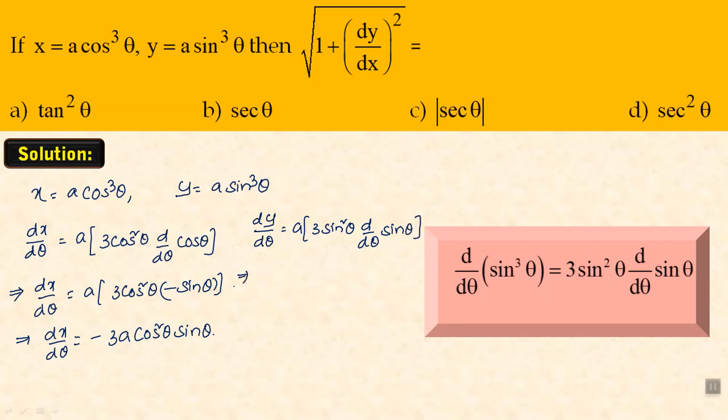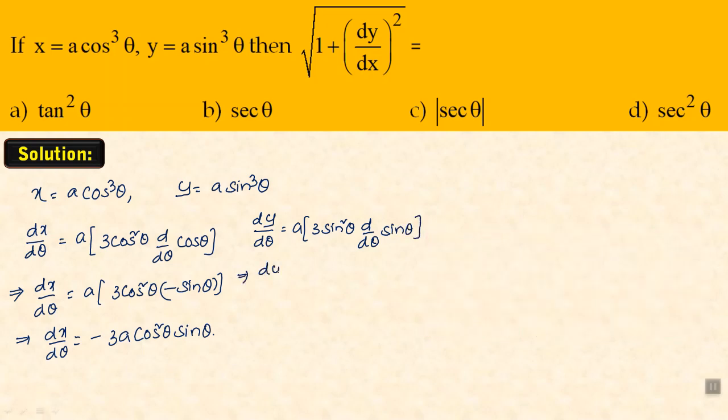This implies dy by d theta is equal to a into 3 sin square theta into differentiation of sin theta, which is cos theta. This implies dy by d theta is equal to 3a into sin square theta into cos theta.